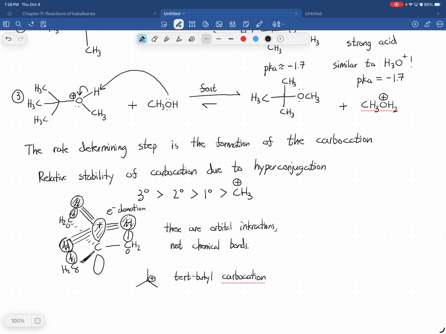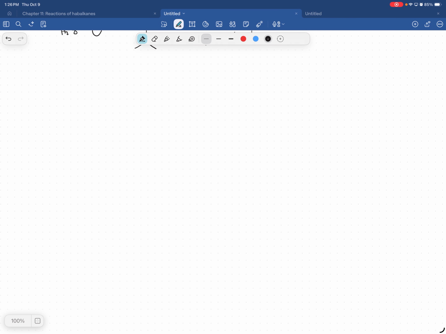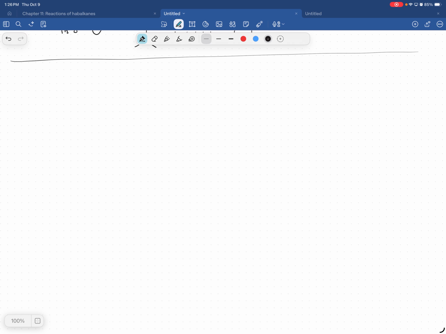Now let's map out these reaction steps on the diagram. Let's draw a line here and do the SN1 energy diagram.